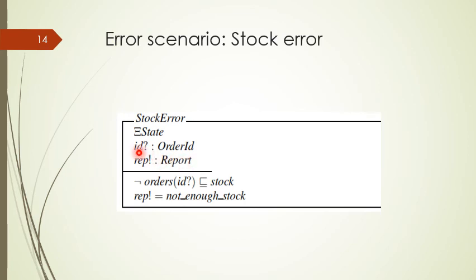Passing the input id in state variable orders as a parameter, it would return a bag of products for the order against that id.